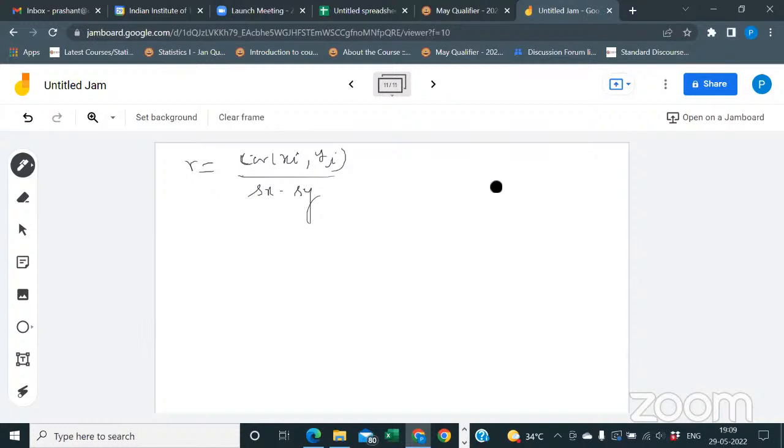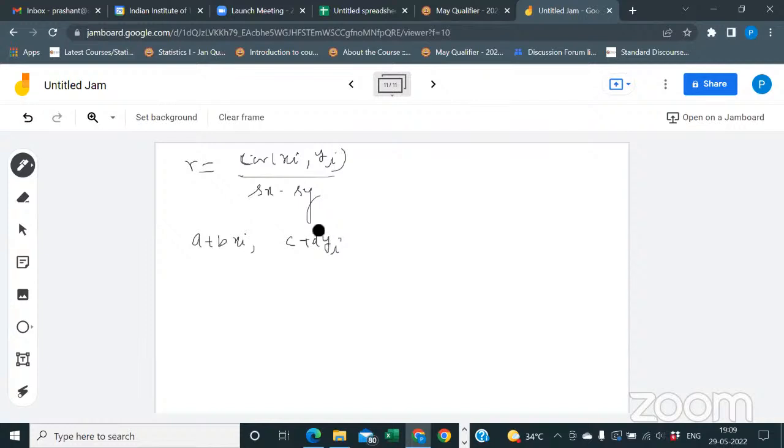Now, what is the next step? It is asking a plus b xi, comma c plus dyi, right?